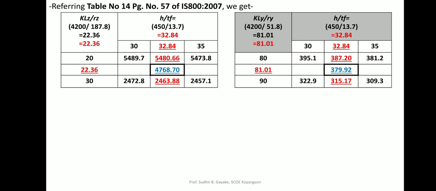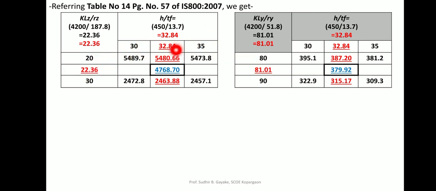Now here your radius of gyration about Z side is different and Y side is different, therefore these two different tables I have considered. Initially I am getting value of 22.36 which is in the range of 20 and 30, and 32.84 is in the range of 30 and 35. These values are going to be common for second calculation also, only there will be change in KL by R value for both the conditions.